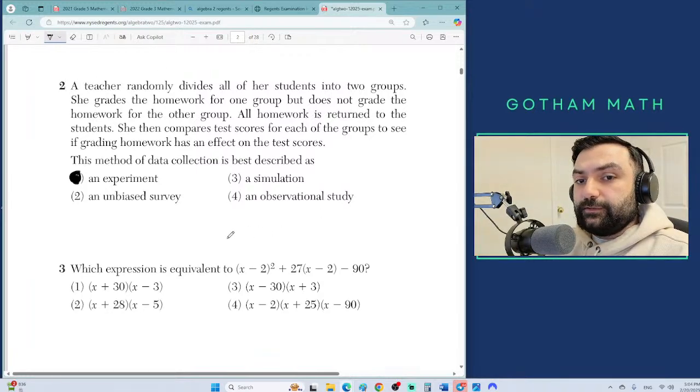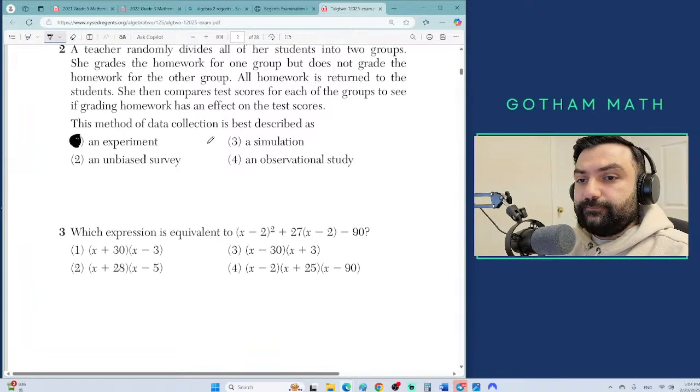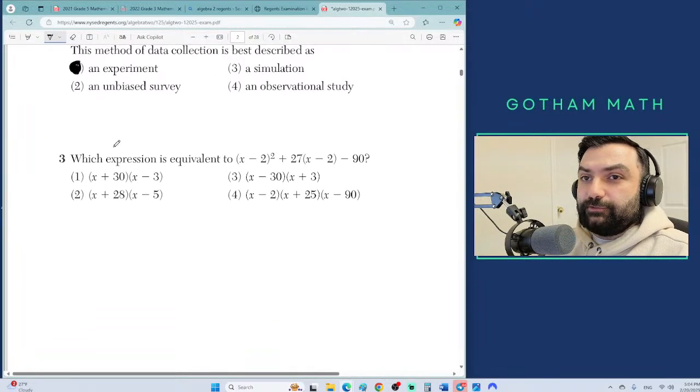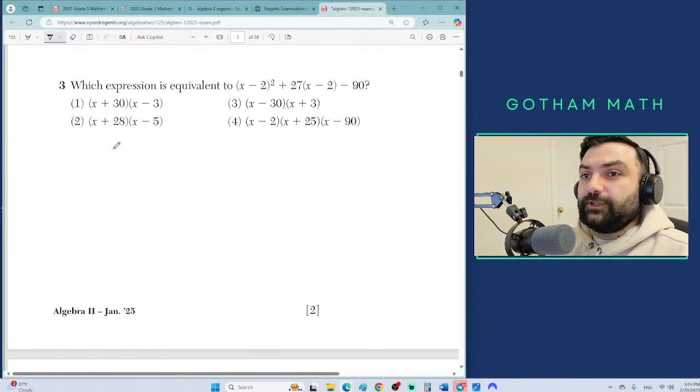All right, so we're moving on. Number 2 was just plain theory, just plain memorization.